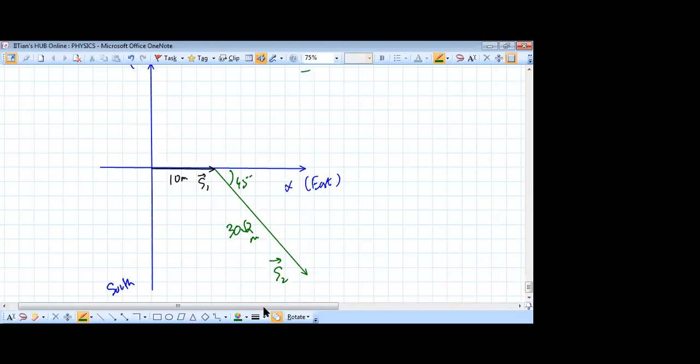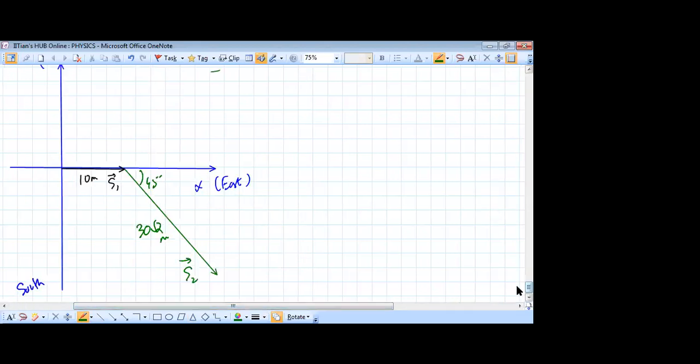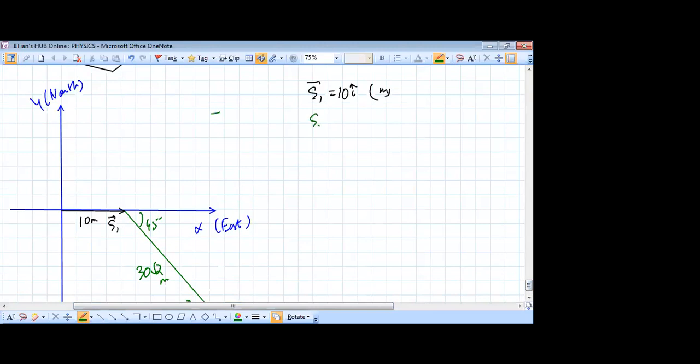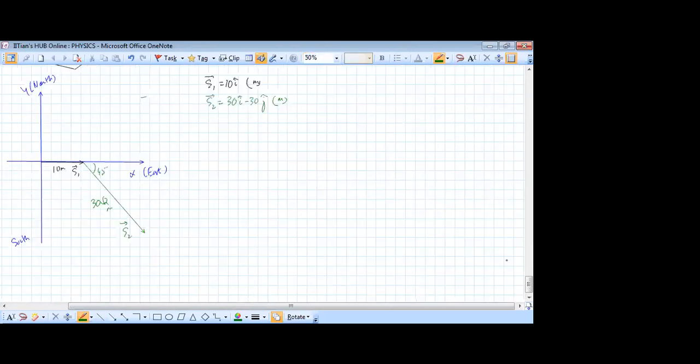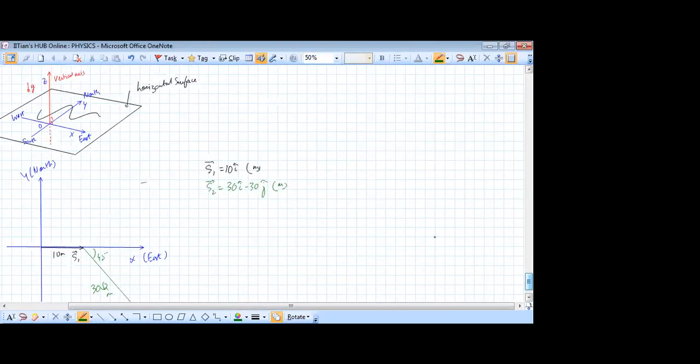So in component form, S2 can be written like this. Now in this diagram now, where is my S3 going to lie? S3 is going to be vertically upward. So S2 was like this.